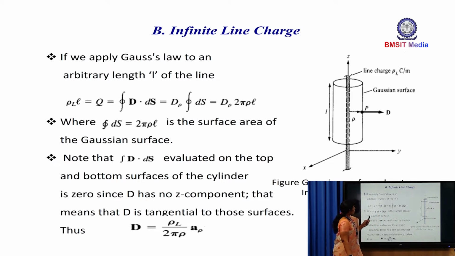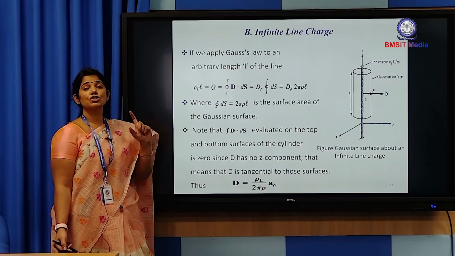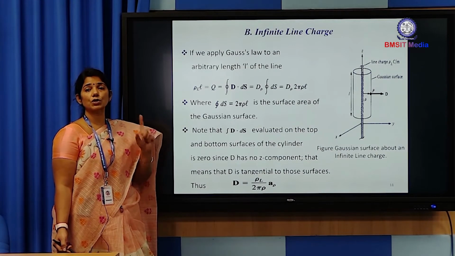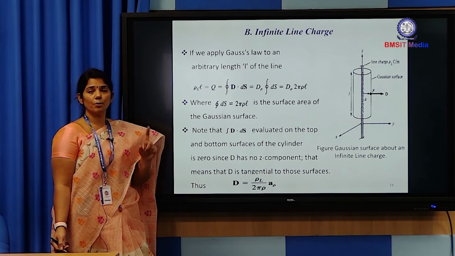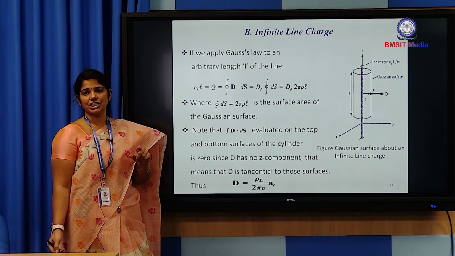And note that the closed integral of D dot dS on the top and bottom surfaces of the cylinder is going to be 0, because there is no z component, only the rho component exists, if it obeys the symmetric condition.